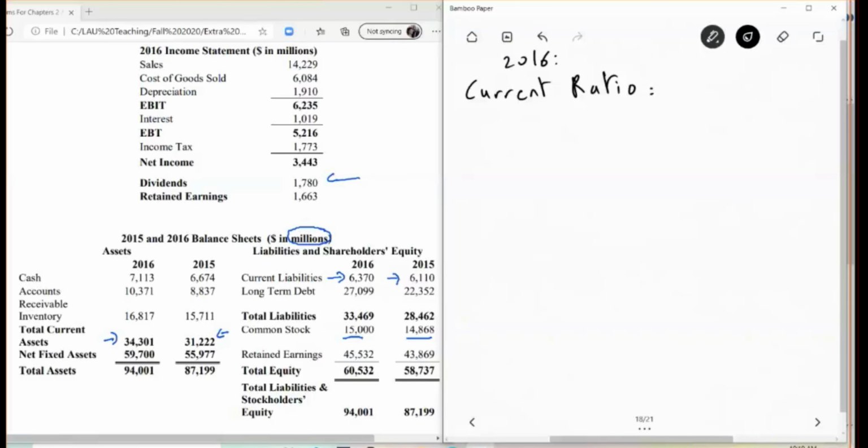Current assets in year 2016, I have 34,301 divided by current liabilities of 6,370. The answer is 5.38 times. This means for every $1 in short-term obligation, we have $5.38 in current assets.